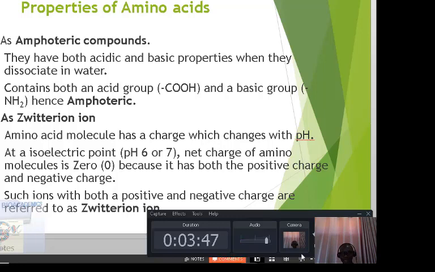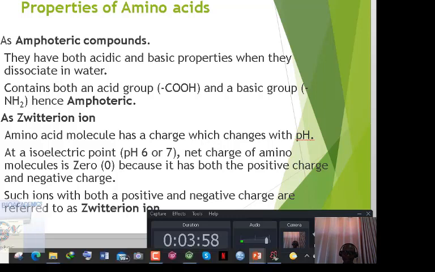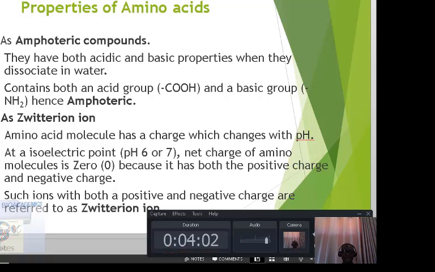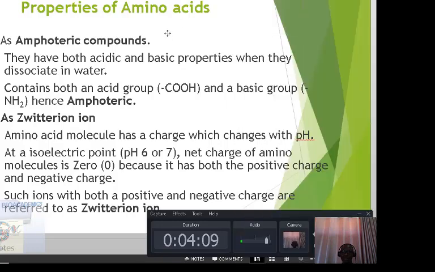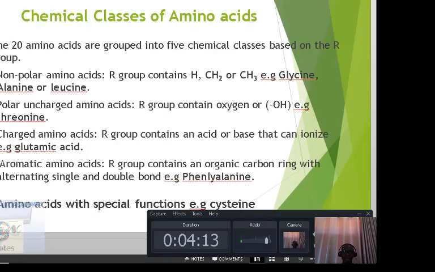Remember what we said? That the amino acid has got a carboxylic group on one end as well as the amino group on the other end. Let me draw you back to the structure of an amino acid so that you can see what we are talking about. Okay, let me just scroll down and show you that particular structure of the amino acid.